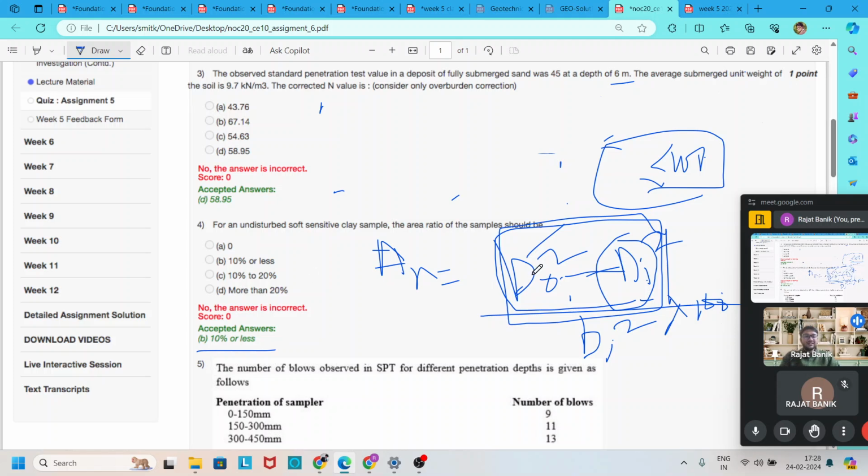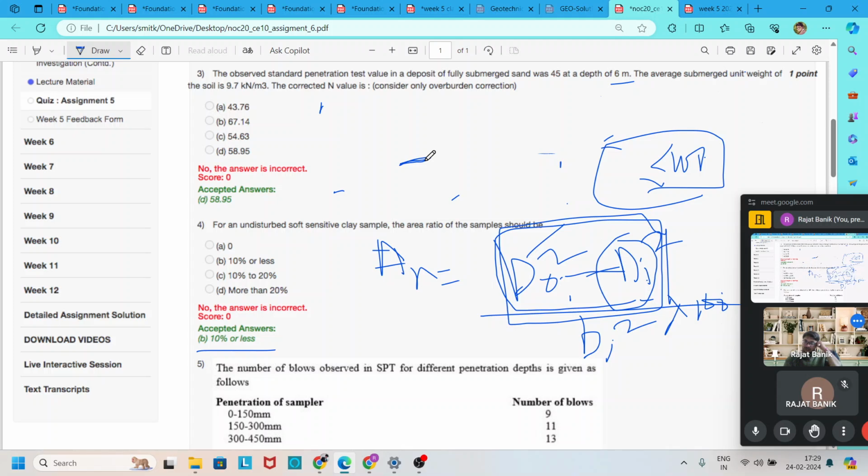If this difference is greater than 10%, there may be resistance while collecting the sample by this sampler. Because the thickness of the sampler becomes more, the difference becomes more, so due to this resistance the sample may get disturbed.